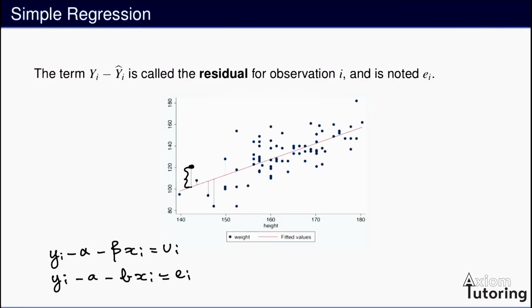So in one case, we're using the population parameters, and in another case, we're using the estimates. It's a very, very common mistake to mistake the residual for the error term. When we're doing OLS, ordinary least squares, we minimize the sum of squared residuals.